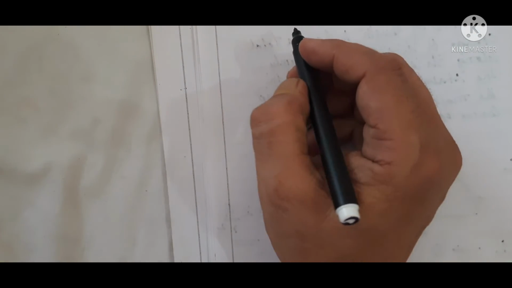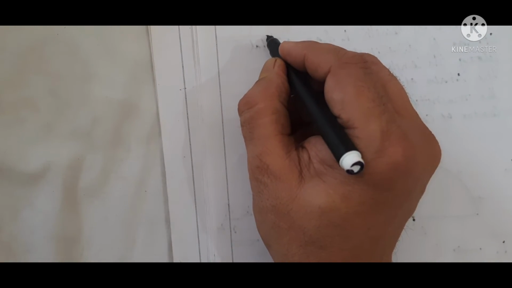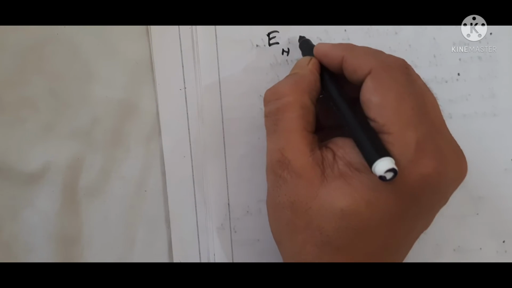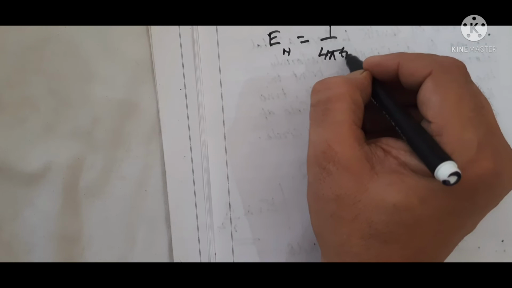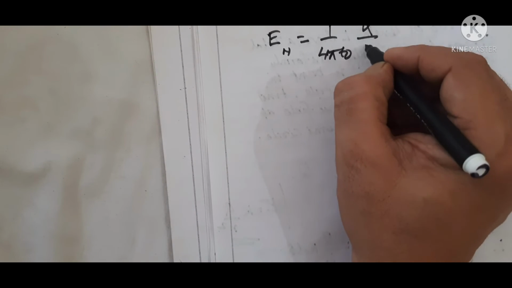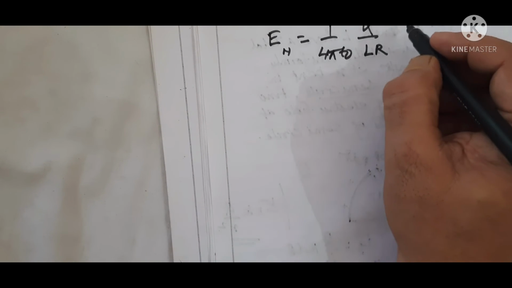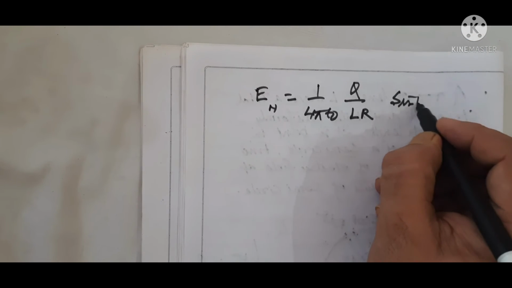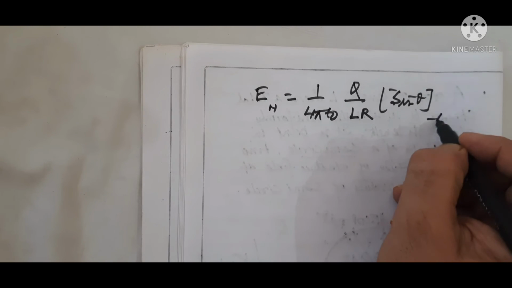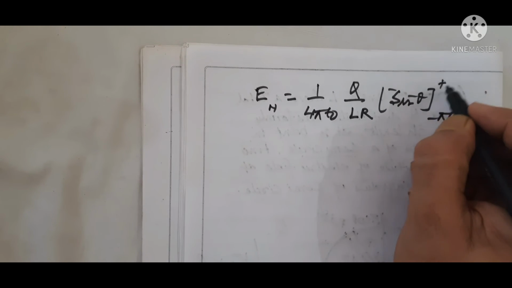So we have to find out. Ultimately the net electric field intensity will be, in place of k, 1 by 4 pi epsilon naught q by L into r, integration of cos theta is sin theta, from minus pi by 2 to plus pi by 2.